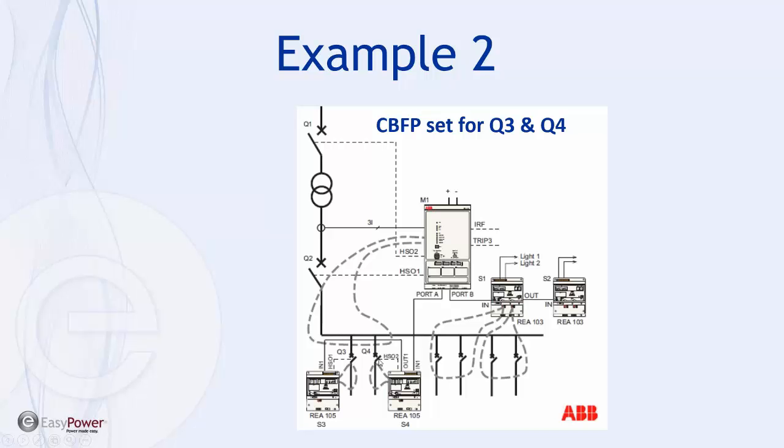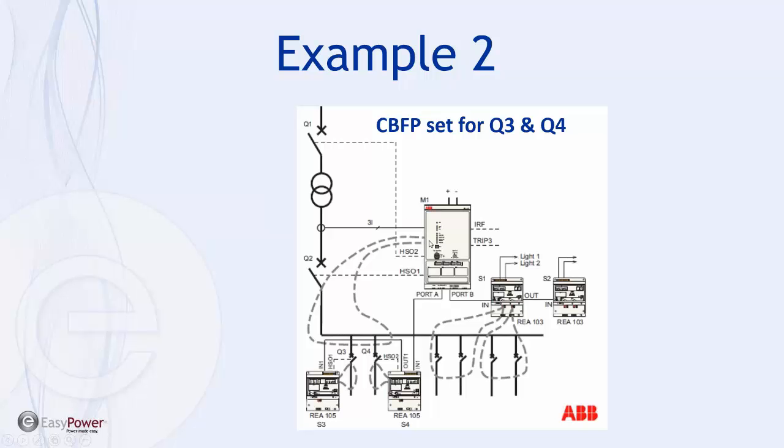If we have a breaker failure, then what we'll do is delay the light signal from the REA 105 unit to the main unit, and then after a pre-programmed delay, we will trip breaker Q2, and of course this will add just a little bit more incident energy to the system. And if Q2 fails, then from the discussion before, after a delay, we'll trip Q1.